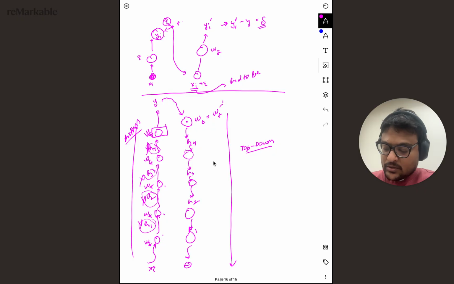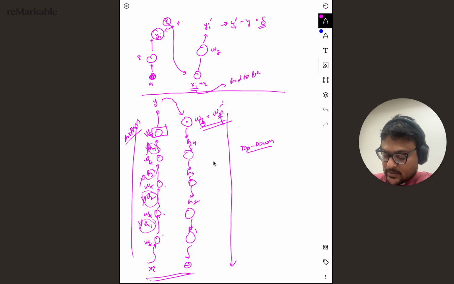So if you manage to learn such a network which has these backward weights, which are essentially the inverse of the forward weights, then technically you can store these two networks: a forward network wf and a backward network wb, which is wf inverse.